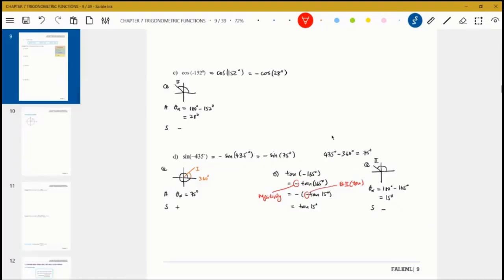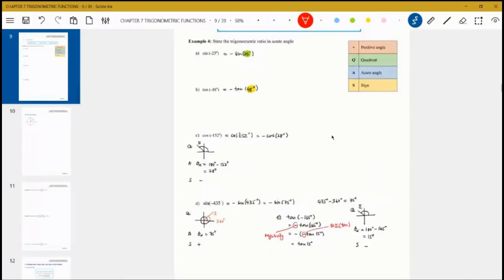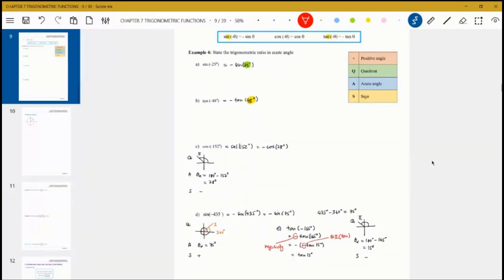Ada soalan tak? Madam, yang C tu kan dia cos negative 152. Negatif kita keluarkan negatif cos 152 kan. Lepas tu kita jumpa negatif sin, bukan dia patutnya jadi positif kah? Okay, cos walaupun negative angle dia tetap jadi positif.